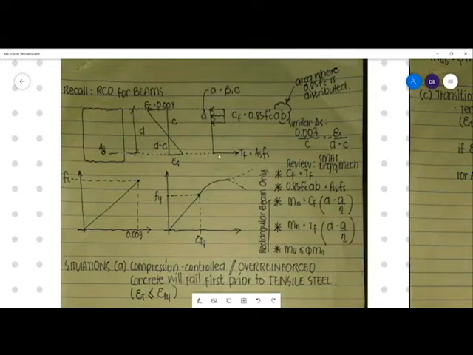Let's say we consider a point wherein the bending moment is maximum, and we assume that this is how a reinforced concrete beam looks like.